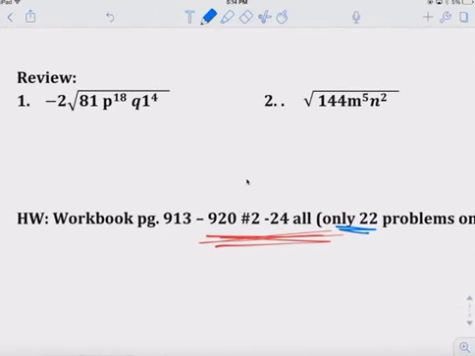Okay, let's do this one here. Square root of 81 is 9. We can write p 18 times, or we can just divide by 2. I meant to put this q to the 14th. Divide by 2.